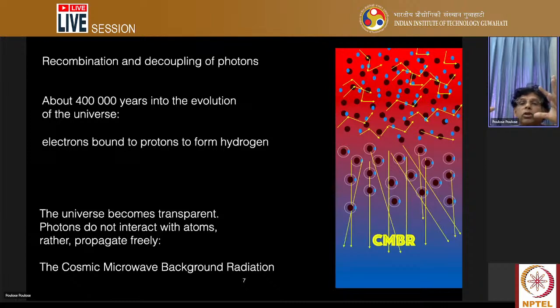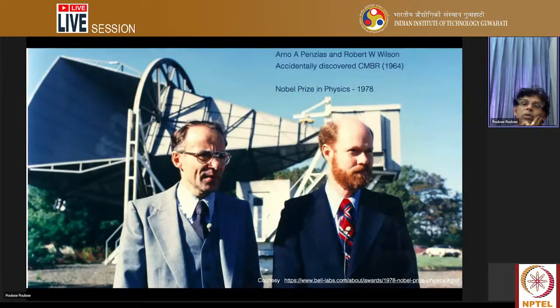And it is supposed to be isotropic, coming from all directions with the same intensity, and there is no difference when you look at different places or different directions. It's homogeneous and isotropic. It was discovered some time back. In fact, there are stories that it was discovered accidentally. Another group of scientists were actually looking for it, but they couldn't find it.